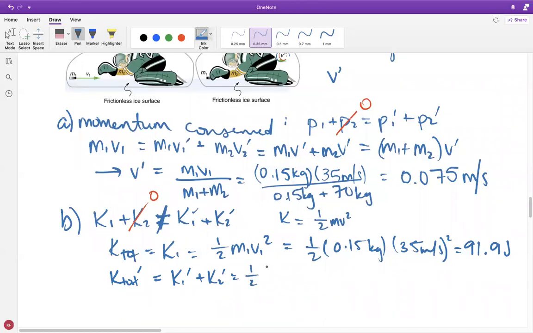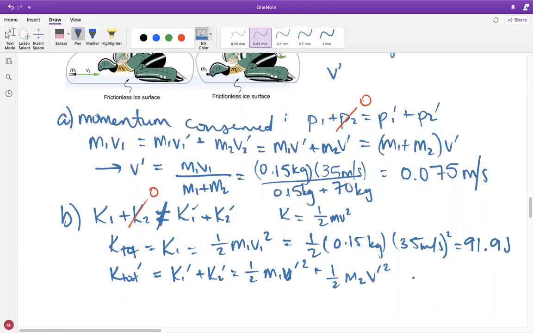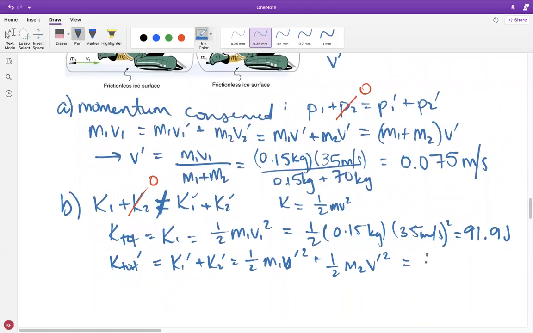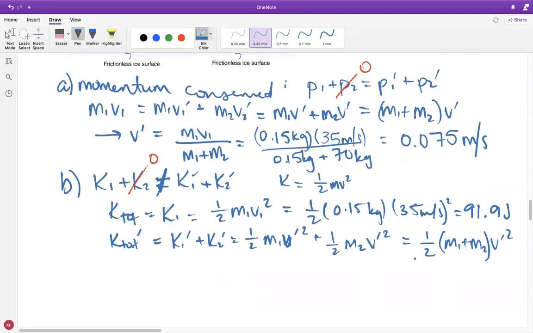Now our after collision is going to be K1 prime plus K2 prime. Remember, our velocity is the same. So we can write it as 1/2 M1 V prime squared plus 1/2 M2 V prime squared, or just as 1/2 M1 plus M2 times V prime squared, whichever works for you.